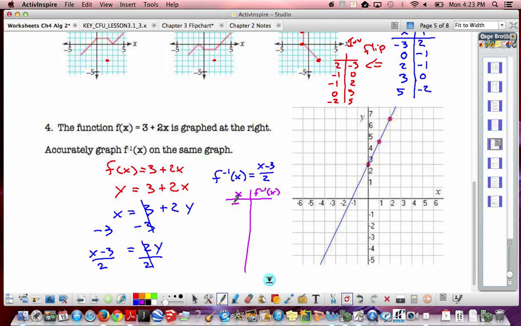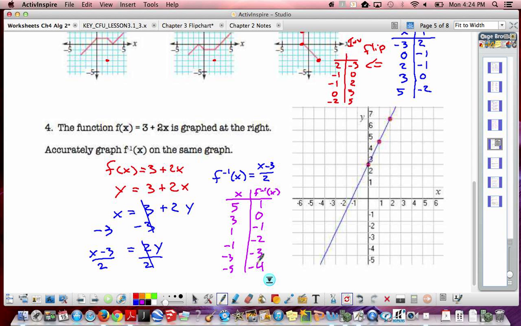So let's have it be like 5, 3, 1, -1, -3, and -5. That will give us plenty of points. 5 minus 3 is 2. 2 divided by 2 is 1. 3 minus 3 is 0. 0 divided by 2 is 0. 1 minus 3 is -2. -2 divided by 2 is -1. -1 minus 3 is -4. You're starting to see a pattern here.